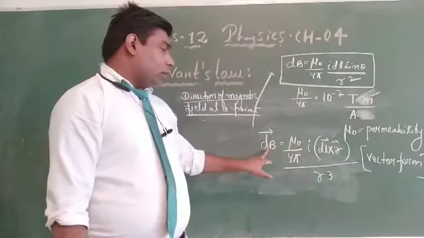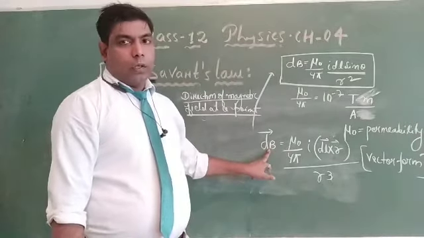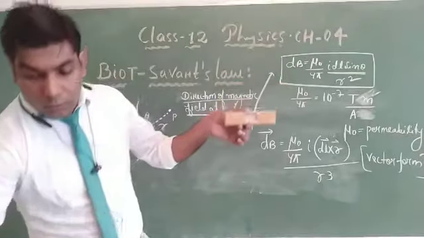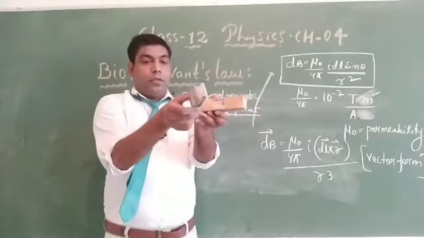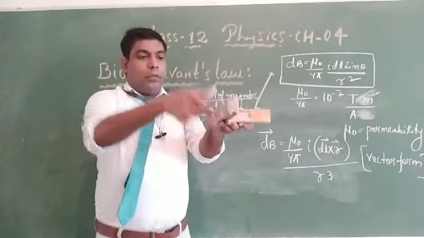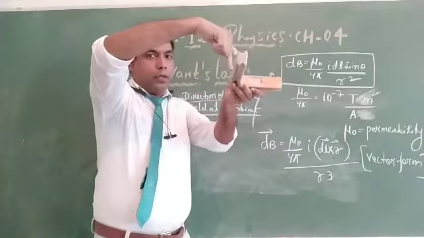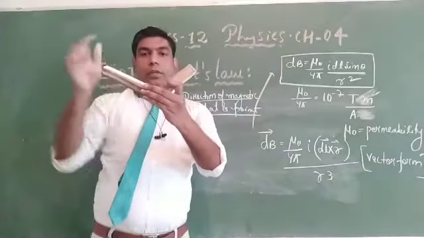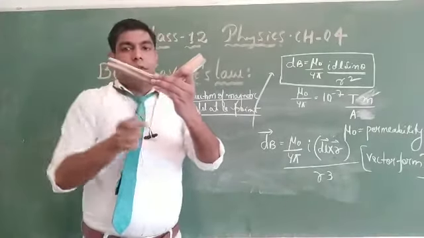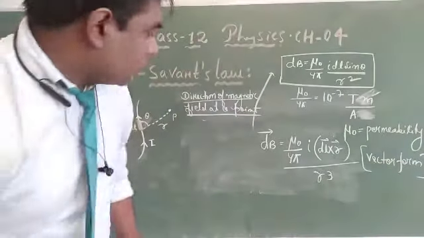Always remember, the direction of the resultant vector of the cross product of two vectors is always perpendicular. For example, if this is dl and this is the direction of r, then the direction of dB will always be perpendicular. Either it can be this side or it can be this side, right?